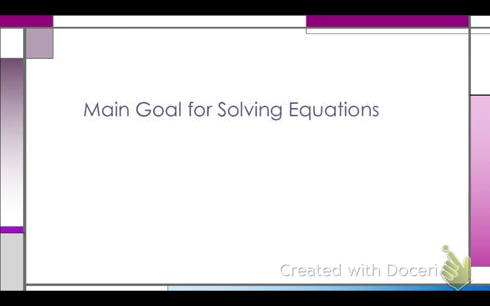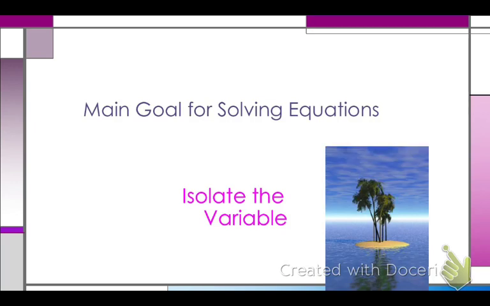So the main goal for solving equations is where we need to start. We need to know what we're doing here. You might remember this from last year, but if you don't, our main goal is to isolate the variable. Well, what does that mean, to isolate something? Hopefully this picture might be able to help you. That is SpongeBob's little island there, and that island is actually in isolation.